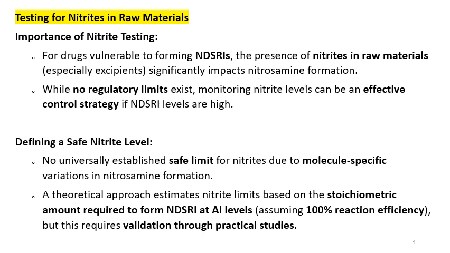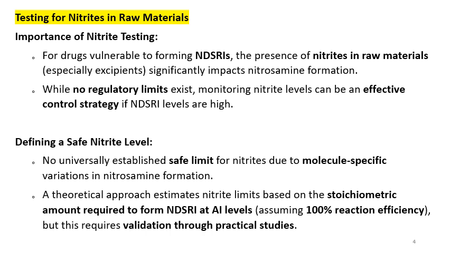Testing of nitrites in the raw materials: as we know, nitrites are the nitrosating agents, so there should be testing for nitrite in the raw materials. Significant impact is there if the nitrites are present.